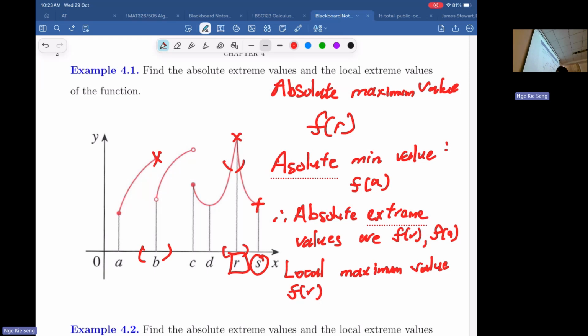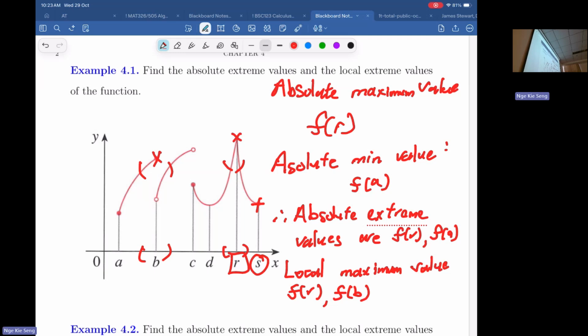Yes. If you draw this region out, you can see that other than B, anything beside B has value less than f(B). This is the top among all the values, so f(B) is one of them.